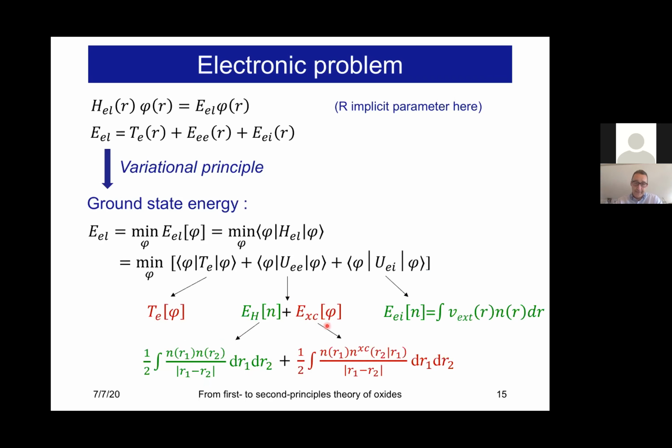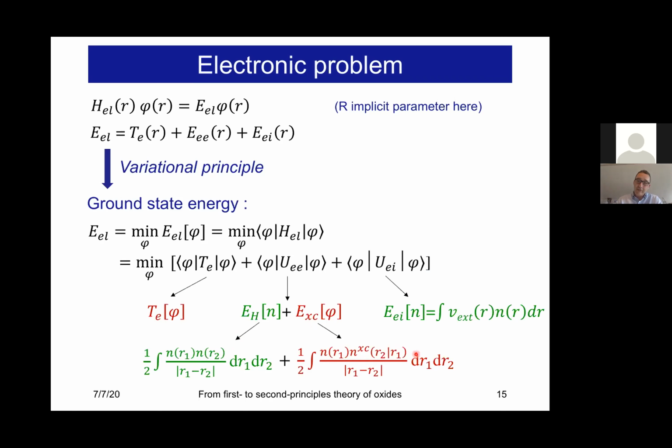energy here, which is basically the interaction of the electron that I have in R1 with what I call the exchange correlation hole that I have in R2. Basically, in this term, I have assumed that I have a given density in R2. But if I know that I have an electron in R1, then this electron won't be in R2.